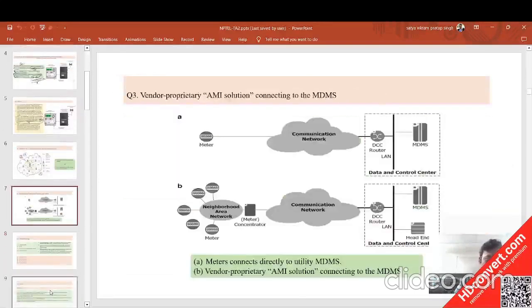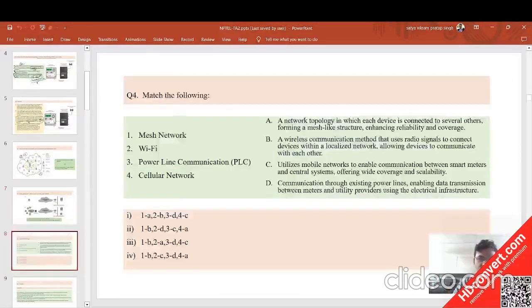Okay, I hope I have explained the last question. Please try this question, that is the fourth question, related to the communication infrastructure of smart meters.